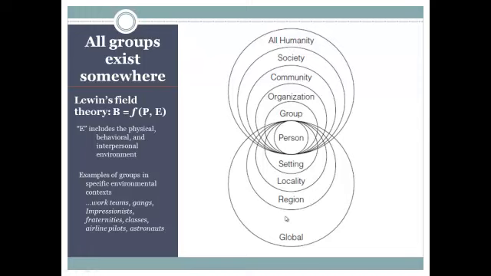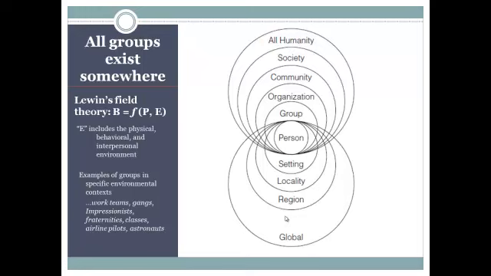So if you think about the context in which groups operate, the context could be the conference room that a group is meeting in. It could also be the building in which a company is situated. It could be the industrial park where the company is located with other companies in that area.